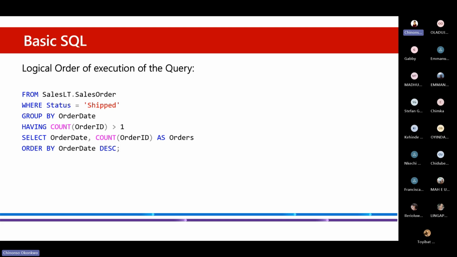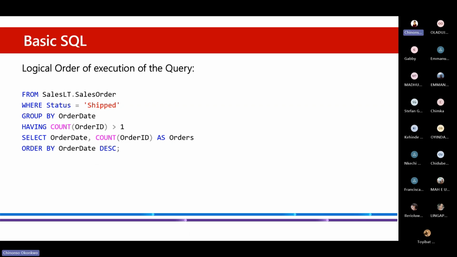There are still other columns there, but this is when it decides, okay, what does she want? Just order date, right? And just count order ID, right? So that's when it's going to produce that to you. Once that is produced, it will order your results by the column you chose, which is the order date. So this is the order of execution.